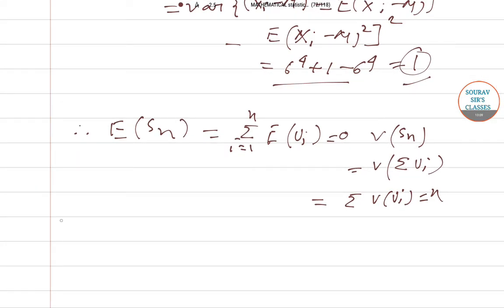So similarly, now if you apply the formula of CLT, hence by CLT we get (Sn minus expectation of Sn) over root over variance of Sn, which is equal to Sn divided by root n. I am expecting you guys know about CLT.